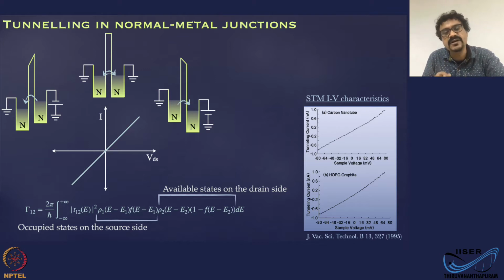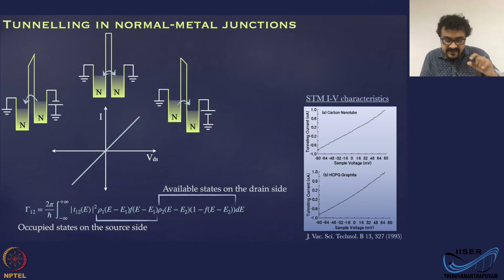And for small applied bias, all these functions are independent of energy. You have a more or less constant density of states near the Fermi level, in that small region.